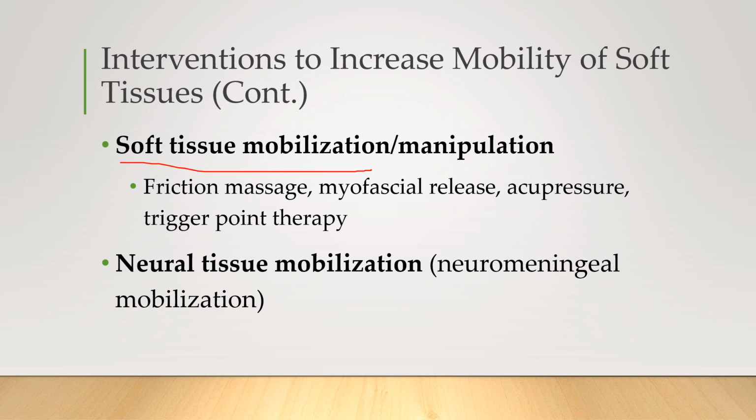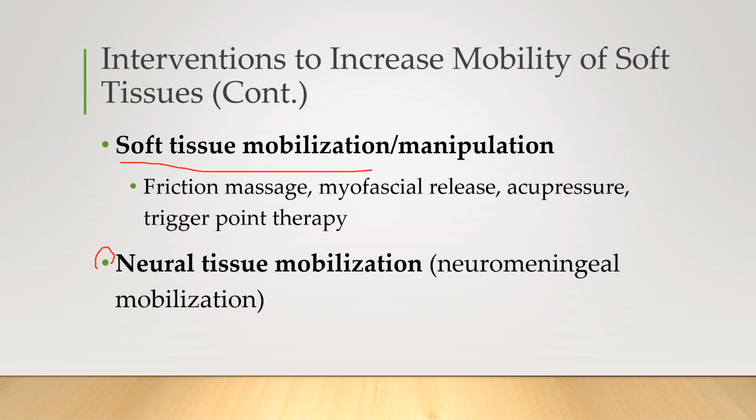So we can use something like friction massage to try to break up adhesions. Same thing with myofascial release, maybe using an instrument or a foam roller or something along those lines. Acupressure mats, trigger point therapy, all of those can help improve soft tissue mobility.